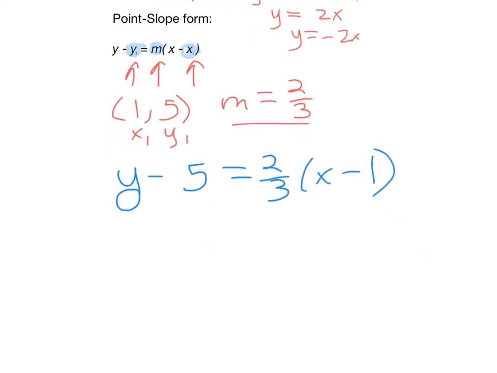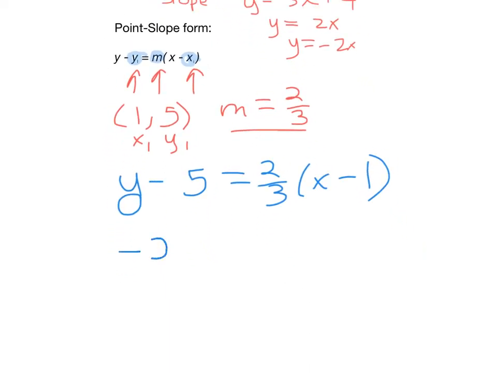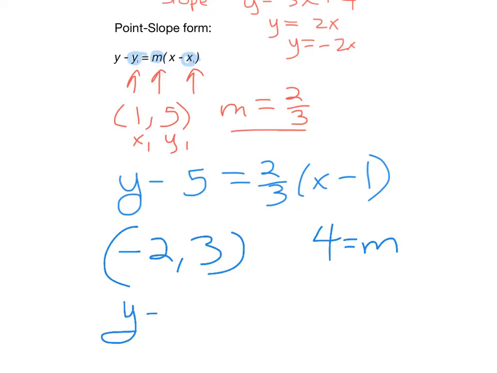So for example, if you had the ordered pair -2, 3, with a slope, say, of, we could even say it's a whole number, let's just say it's 4. So here, I would replace the y1 with 3, the slope with 4, and the x1 with -2.